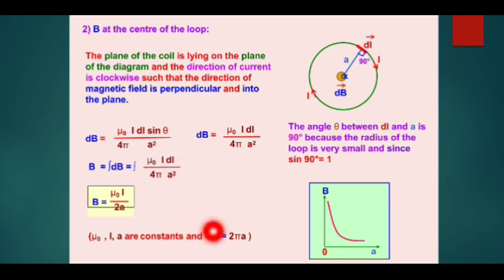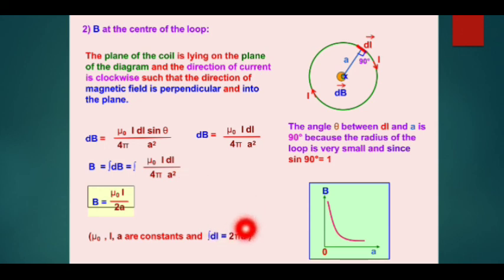That is nothing but the circumference of the coil. So integrating dl, I get L, where L is the circumference of the coil, 2 pi r; here the distance is a, so 2 pi a.